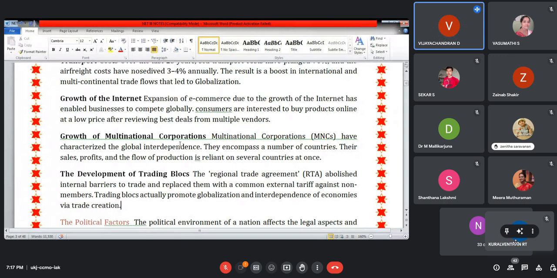Otherwise, if they are trading among the block, among the member countries, there is no restriction. Like ASEAN, or the SAARC countries, the 7 countries trading with no restrictions. If any outside country comes to trade with them, they will charge more or impose some barriers.